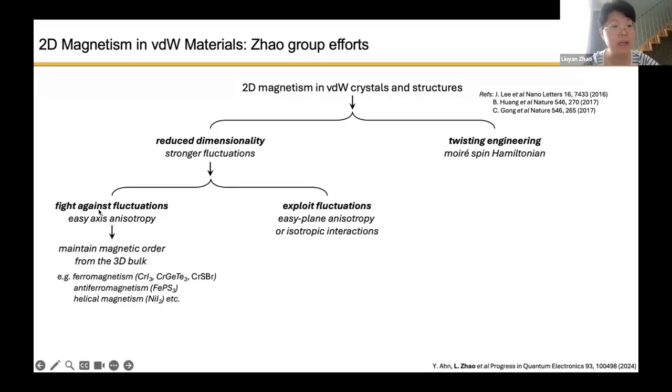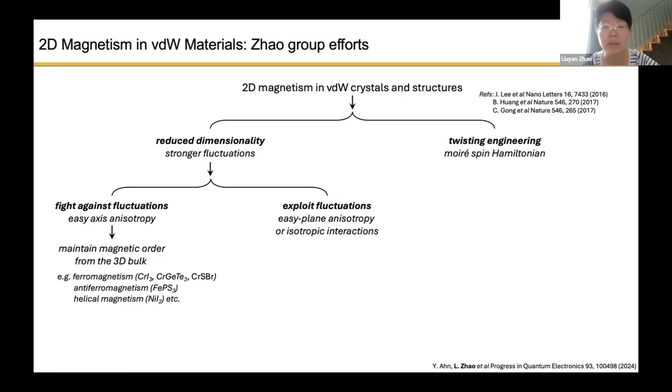Along the first way of fighting against the fluctuations, the goal is to maintain the magnetic order that was originally there in the 3D counterpart.